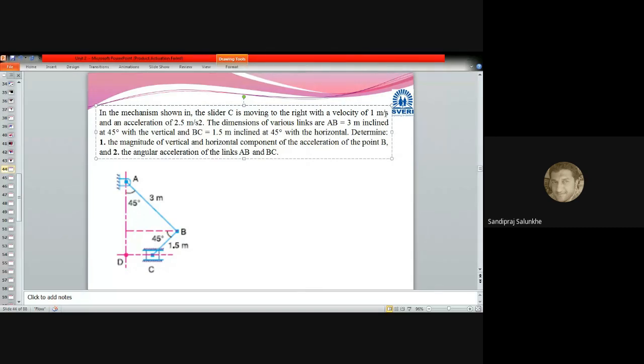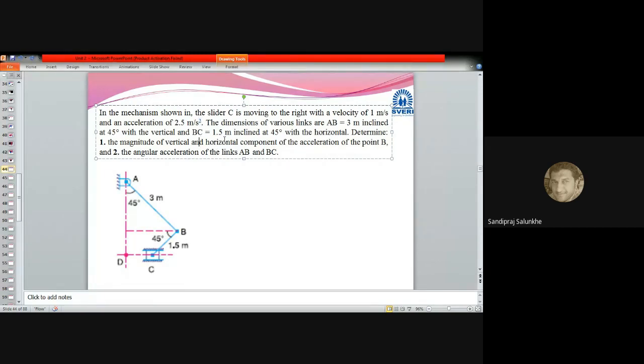The previous problem which we have solved was related to the link. Now here the motion of slider is given. 1 meter per second and an acceleration of 2.5 meter per second square. Acceleration is also given for the slider.